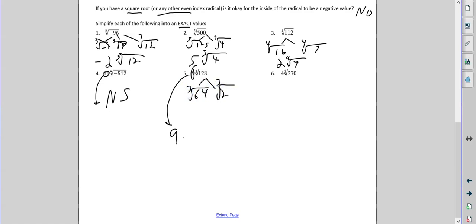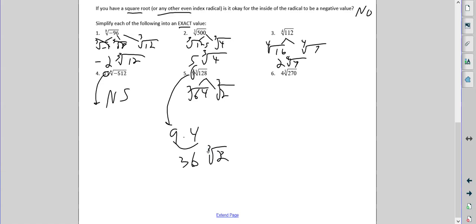So the cube root of 64 is 4. 4 times 4 times 4. Sorry, I meant to put that down here with the 9, which we're going to multiply and get 36. And cube root 2 just comes down to hang out. That's the exact value. 36 times the cube root of 2.